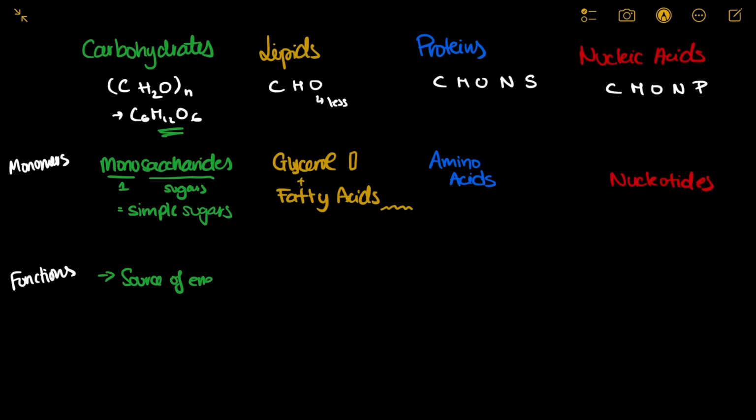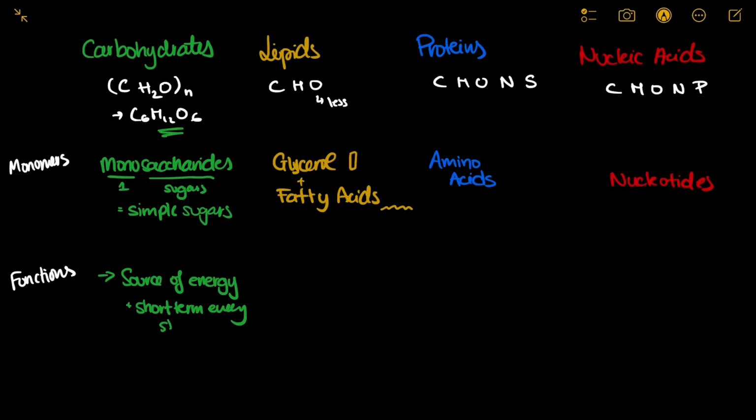Glucose is used as the main source of energy in the body, and carbohydrates are also important for short-term storage of energy. The short-term storage is mostly in glycogen, which can then be broken down to glucose.